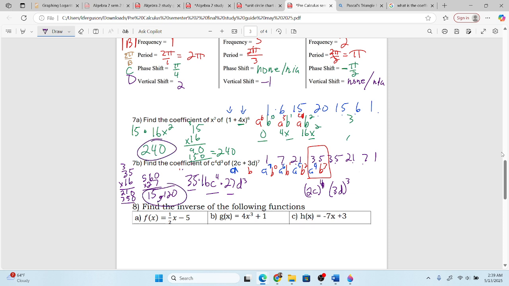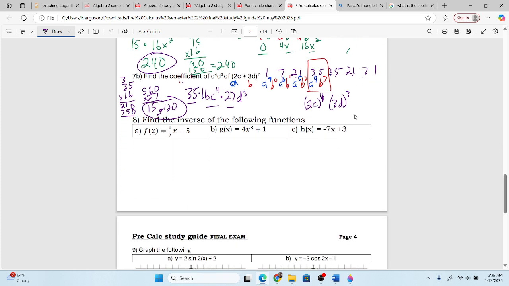Fun times, huh? Oh, they did one that everybody's complaining about. Oh my gosh, wham. So I have 1 half x minus 5. I want to get the inverse. Well, let me write it like this a little bit. So I got y equals 1 half x minus 5.